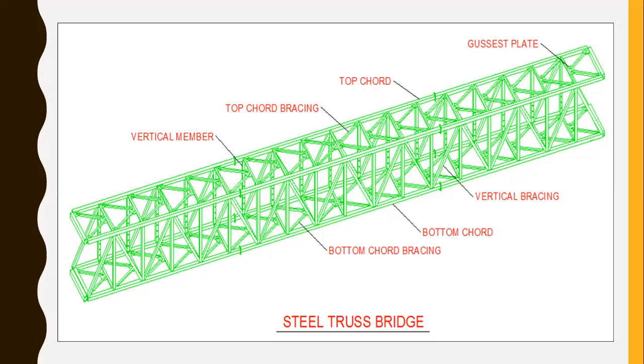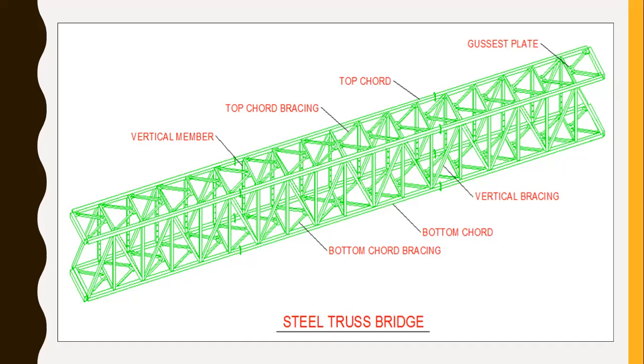The uppermost members are known as the top chord members, as you can see, and the lowermost members are called bottom chord members. Basically, top chord, bottom chord, and web members are absolutely necessary for the stability of the girder, hence they are also known as the main members of this truss bridge.